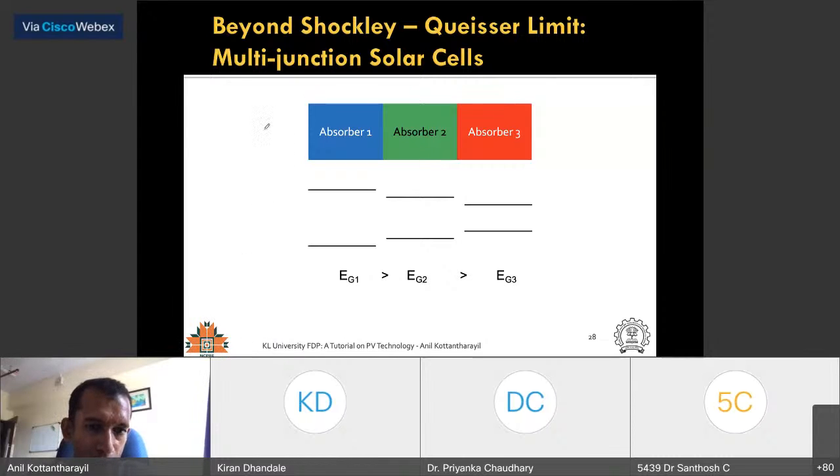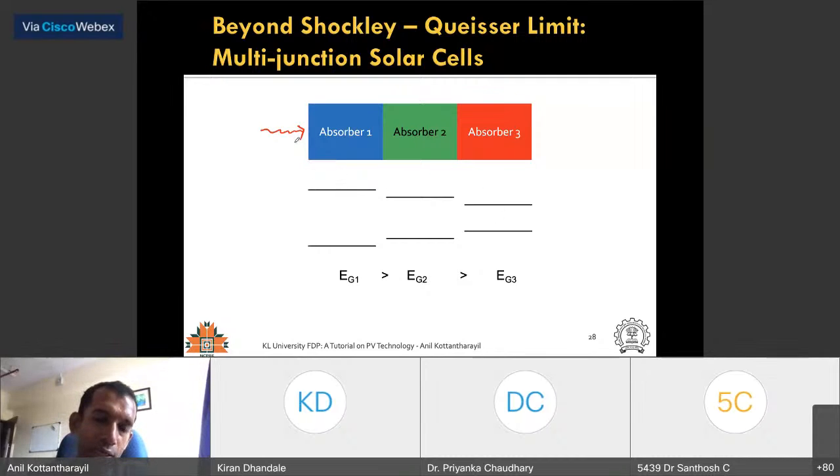You would have the light entering from here, and the first absorber would have a larger band gap than the second absorber, and the second absorber would have a smaller band gap.